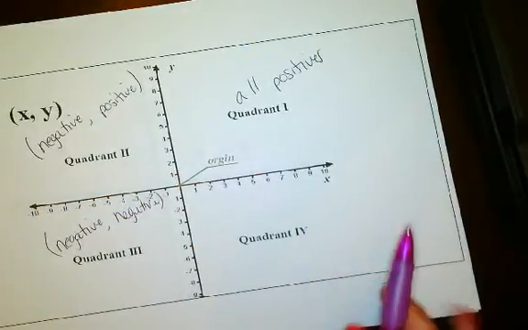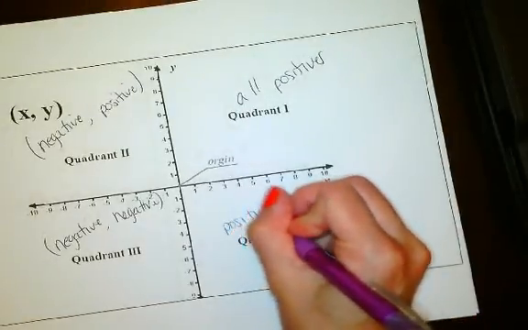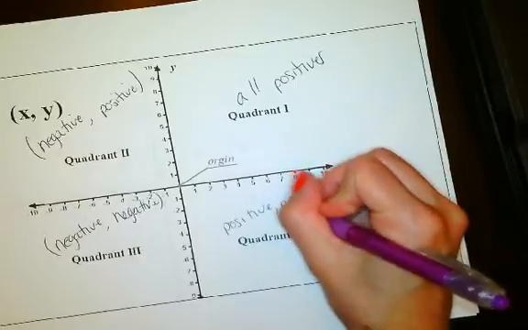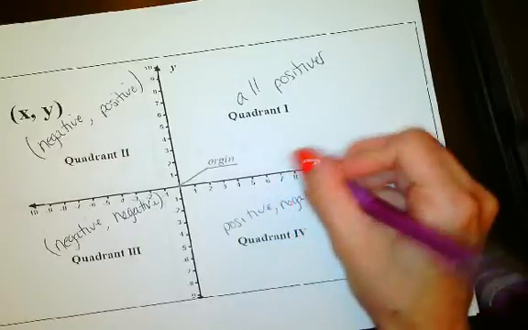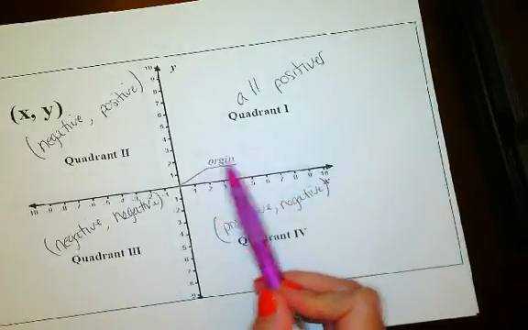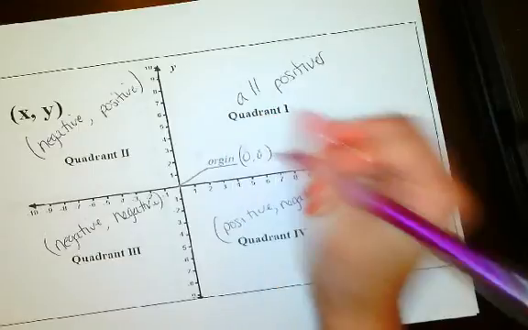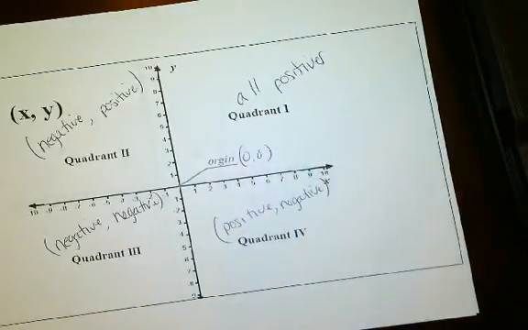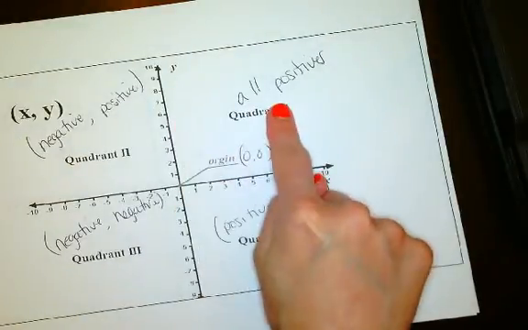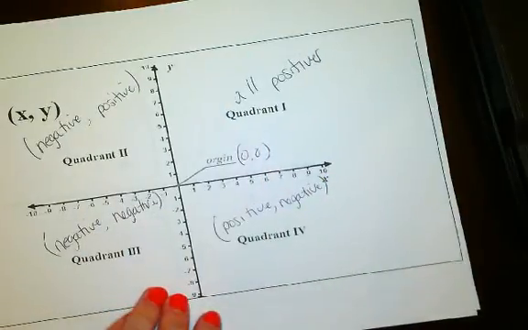And quadrant 4 is going to have a positive x and a negative y. And I want to remind you that we always start at the origin, which is 0, 0. So this is not something new that we're learning today. We're going to add on what you knew from 5th grade, which is all quadrant 1, and we're going to be working in all 4 quadrants.